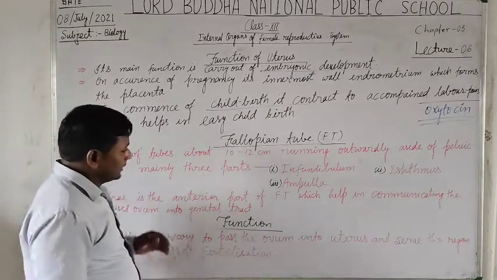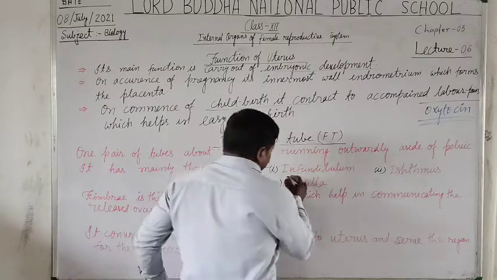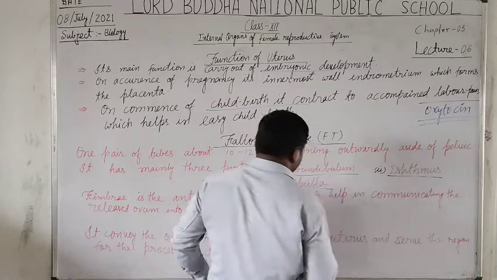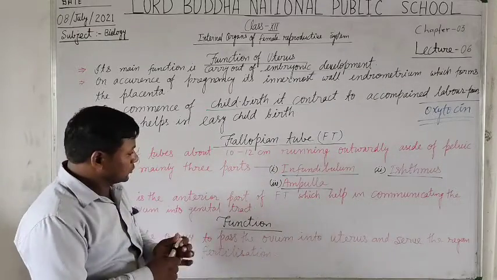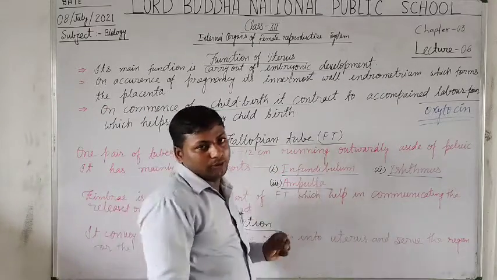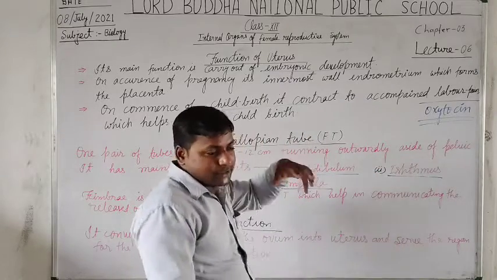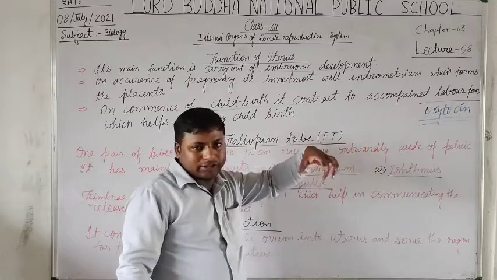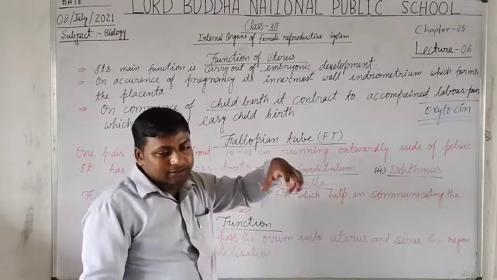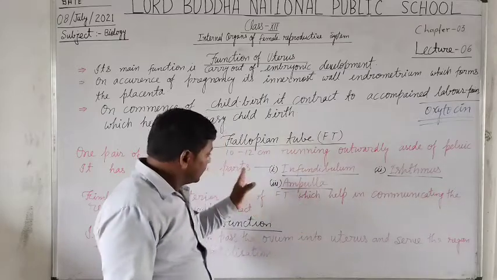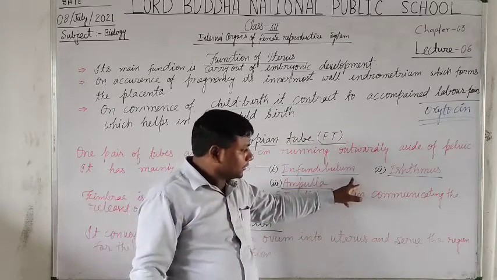It has mainly three parts: infundibulum, isthmus and ampulla. Students, the infundibulum is just above the fimbriae, the finger-like projected structures that link with the ovary.